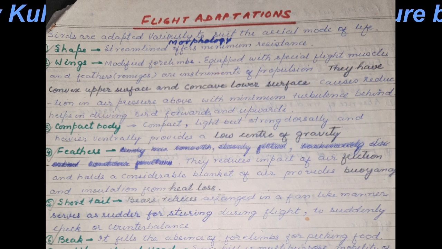Then feathers are relevant in prevention of air friction. Lessening of air friction holds a considerable amount of air in the pockets created in between the feathers, which provides buoyancy and insulation from heat loss.